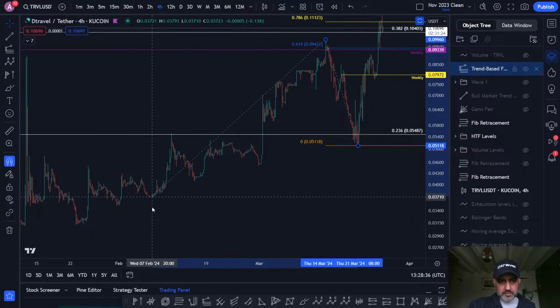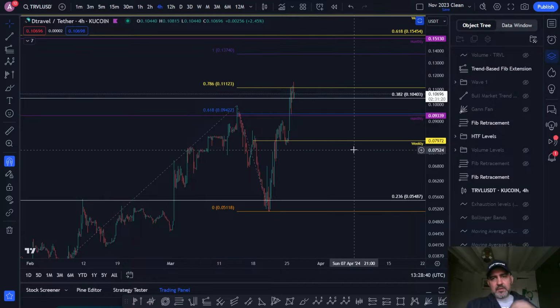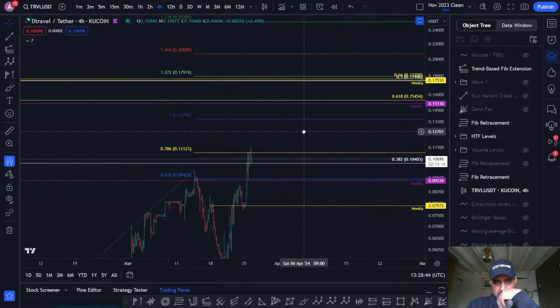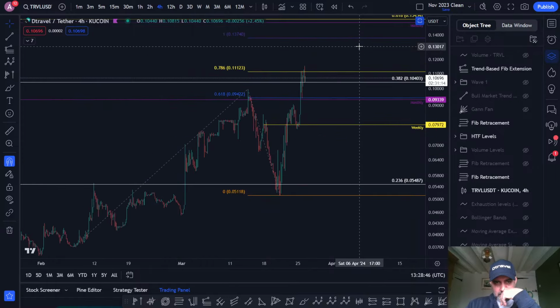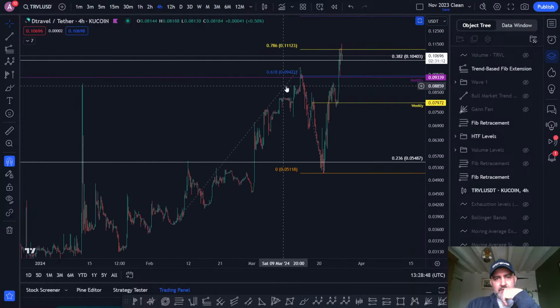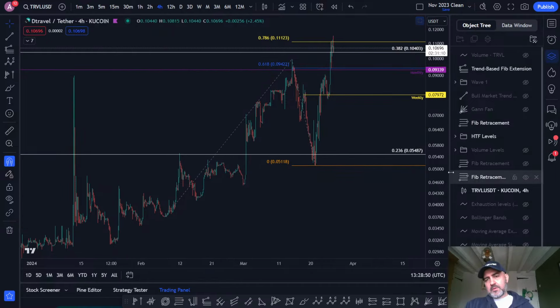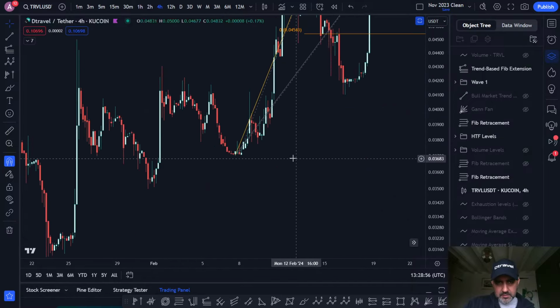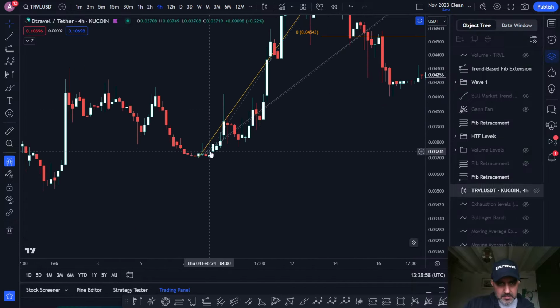Try it from the 1. See where that takes me. So from the 1 to the 3 to the 4, do it properly.